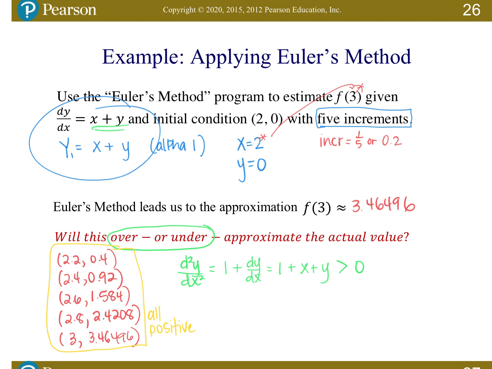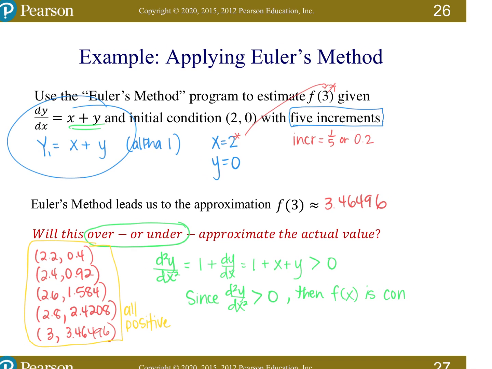So since d2, the second derivative, is greater than 0, then f of x is concave up. And if this is concave up, then Euler will underestimate.